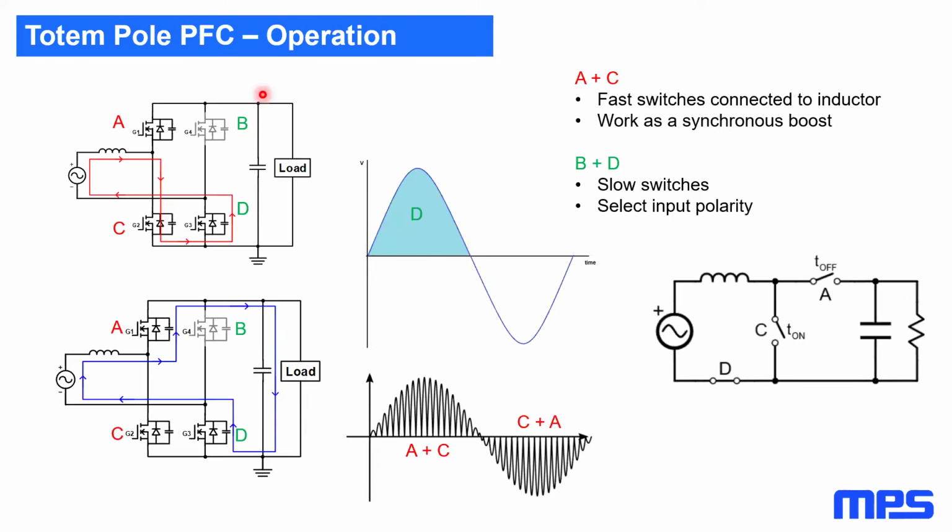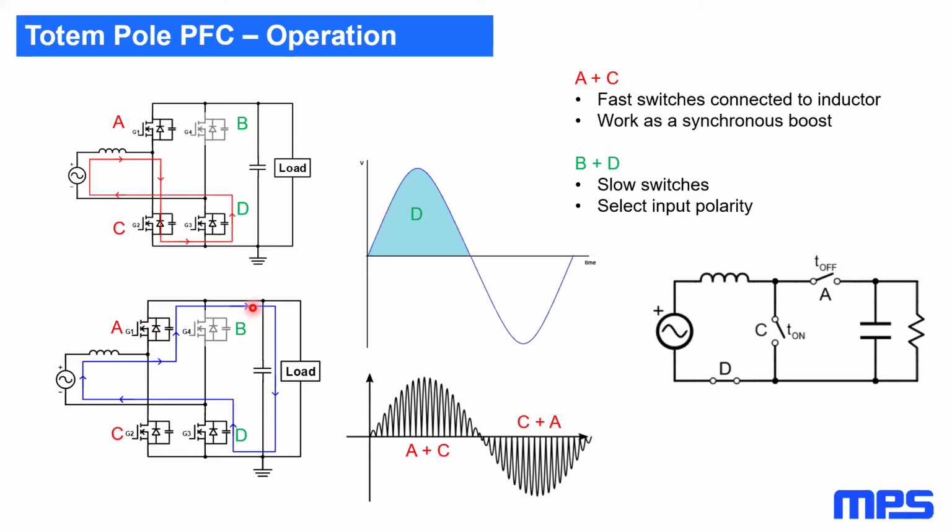So we can look briefly at these waveforms. For the positive alternance, the MOSFET here, called D, will be conducting all the time, and then the boost will alternate between high and low of the two MOSFETs here.